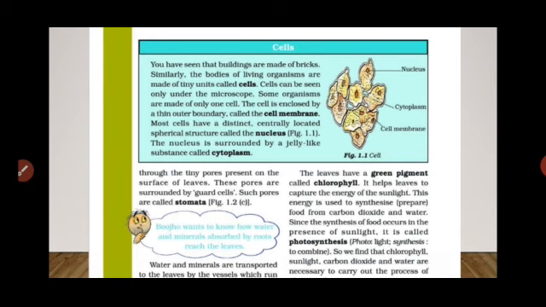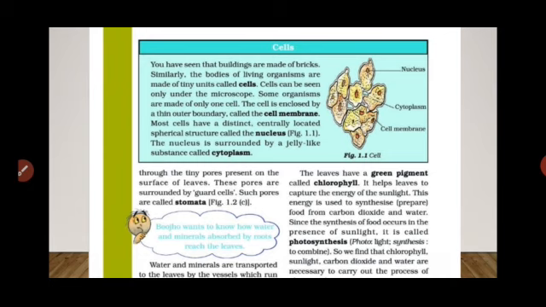Means an organism which has only one cell is called a unicellular organism. And those organisms which have more than two cells are called multicellular organisms. So what is an example of a unicellular organism? Unicellular organisms like amoeba and euglena. And examples of multicellular organisms are human beings and plants. Means we human beings are made up of thousands and billions of cells.